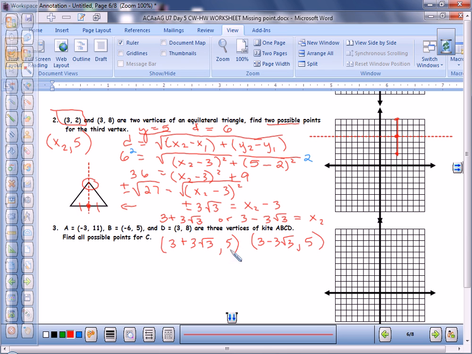Now, I did the decimal approximation on my calculator just so I could plot where it goes. I got 8.1968 here, so 8.1968 would be about right there. Does that look like it makes one? Yeah? And then this one is negative 2.1, so that would be somewhere right around here.